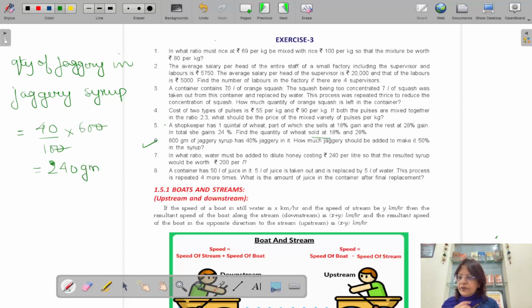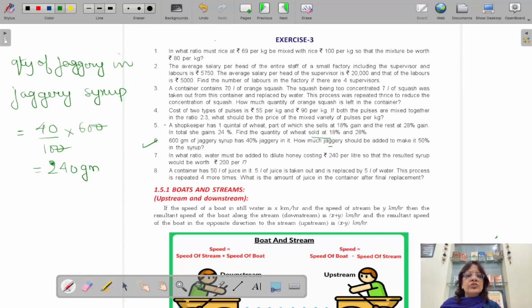240 grams, okay? Now, what does it say? 600 grams of jaggery syrup has 40% jaggery in it. How much jaggery should be added to make it 50% in the syrup?